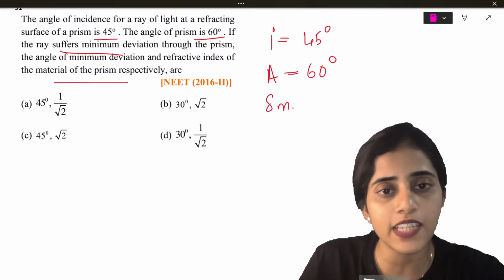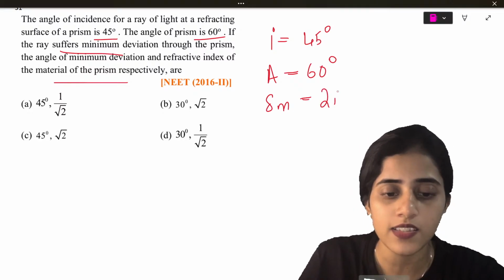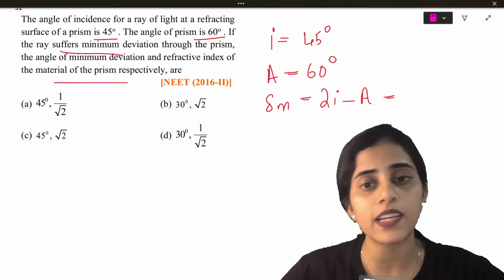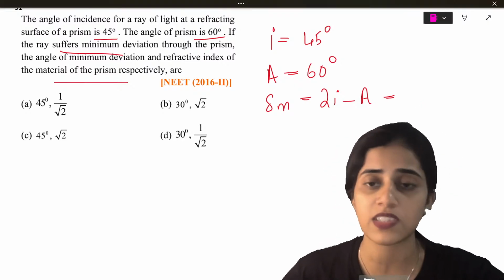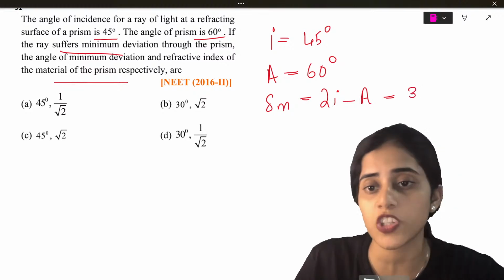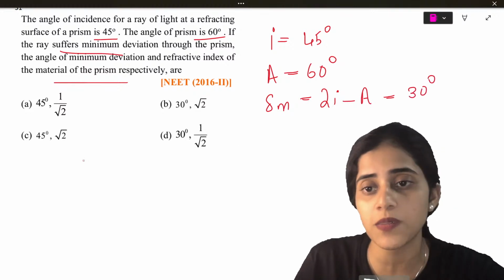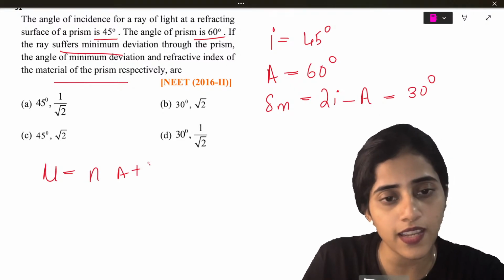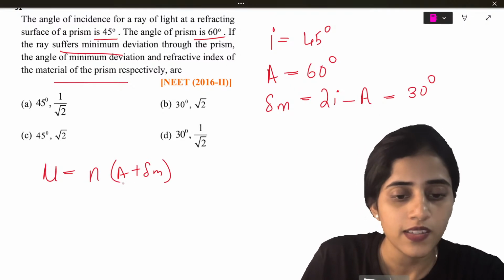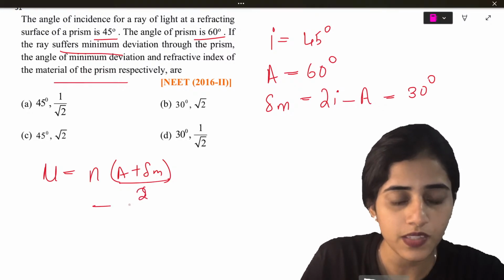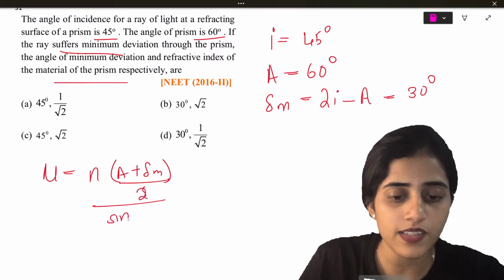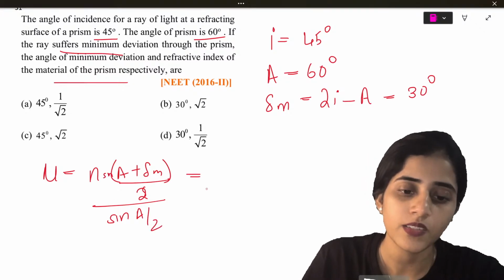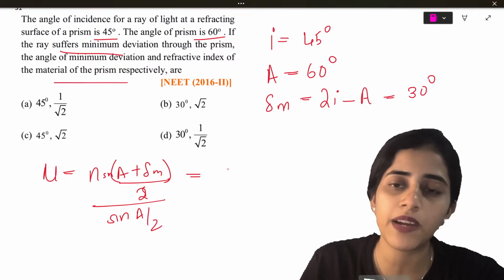Now what will the deviation be? It's always 2i minus A, which is 2 times 45, that is 90. 90 minus 60 is going to be 30 degree. Now find out mu. Mu is sine of (A plus delta m) by 2, the whole divided by sine of A by 2.